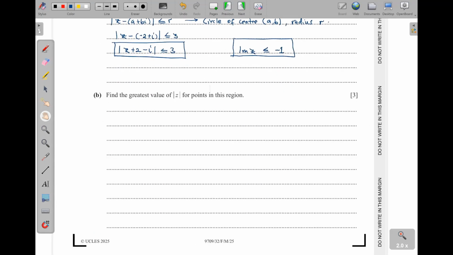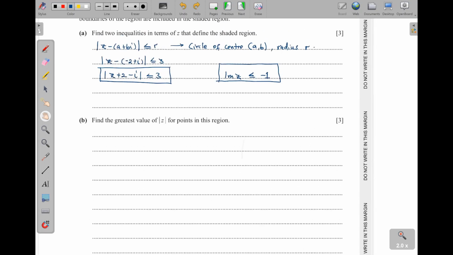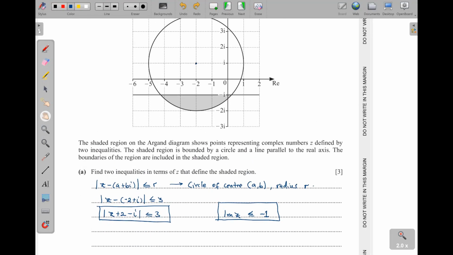Then part B, find the greatest value of the magnitude of z for the points in the region. Now here we are going to look at it from the origin.